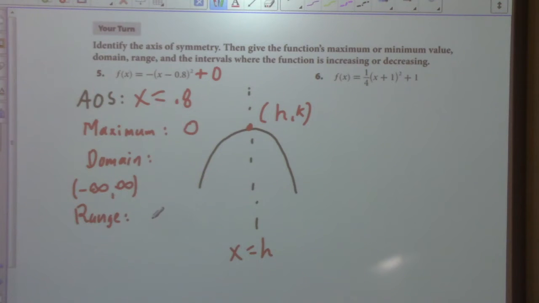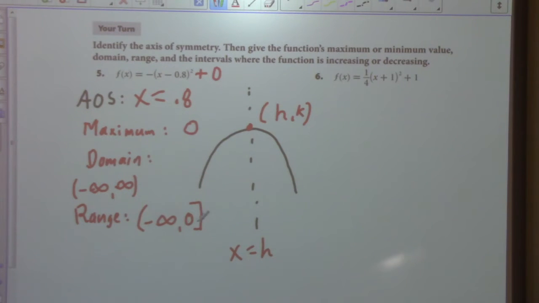Okay, Braden, what comes first, negative infinity or 0? Yes, so negative infinity up to 0, and it's going to be parentheses or bracket. Bracket. Okay, thank you, Braden.